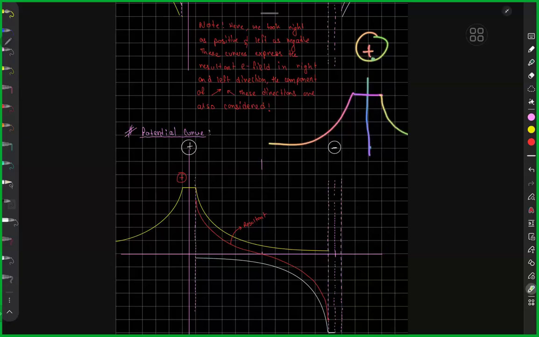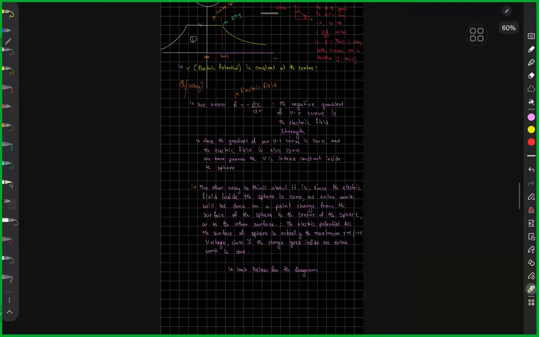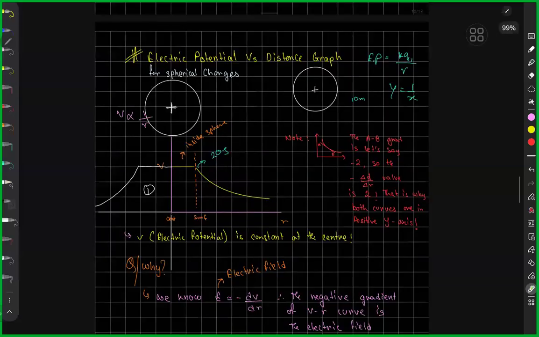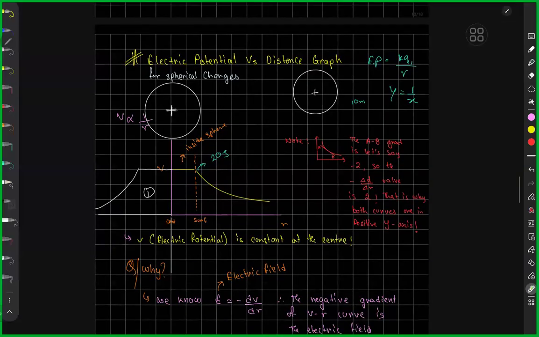When did we discuss this? Right now. Where? Over here. Remember what this discussion was? We discussed that inside the sphere, the potential value remains constant, because whatever work was done to bring a positive charge to the surface remains constant, because inside the sphere there's no longer any force.